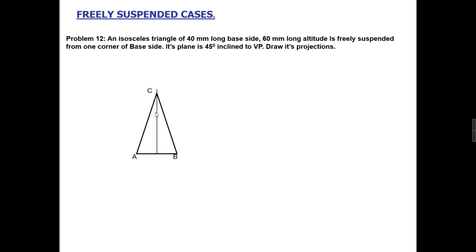Right? So first of all, we have to find the center of gravity of this isosceles triangle, and as we know, it is h by 3 distance from the base of the triangle. So if the height is 60 long, then the center of gravity should be at 20 from the base AB.